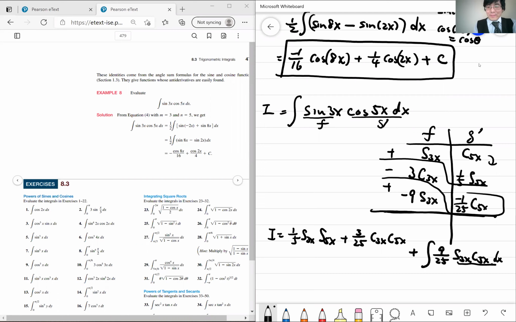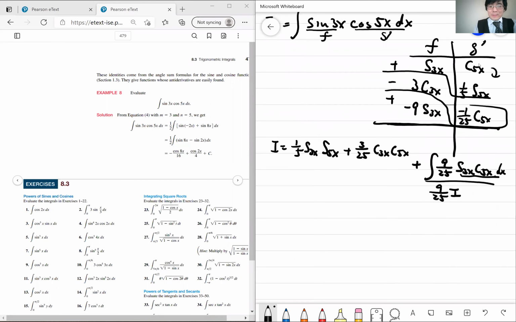And this is equal to I times 9/25, the same thing as 9/25 I. So bring this one to the left side of the equation. It's going to be 16/25 I is equal to this piece.